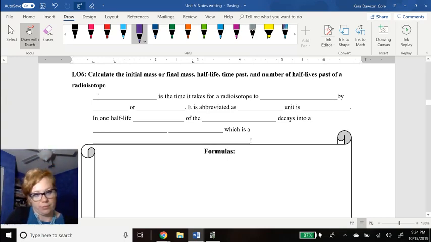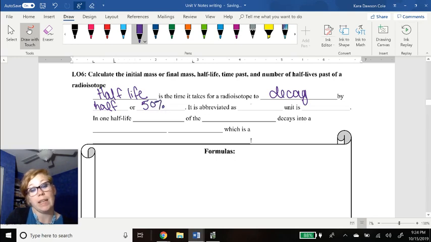Half-life is the time it takes for a radioisotope to decay by a half, or 50%.